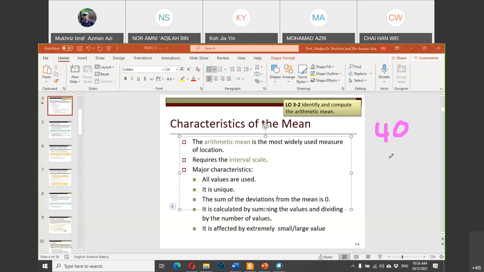There are 40 students in one class, and you want to take the mean, the mu, of the weight in kilograms of the students in the class. So if you want to calculate the mean weight, what is the average weight of the students from student number 1 until student number 40? Whenever you are calculating the mean, it means that you need to add everything and divide by 40.